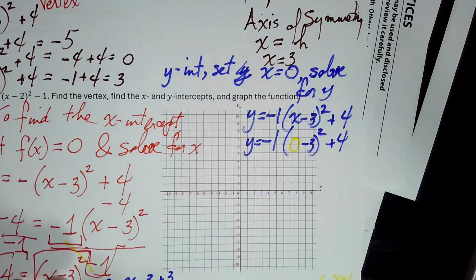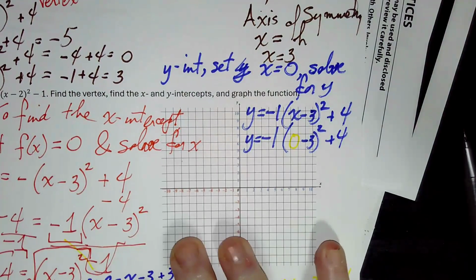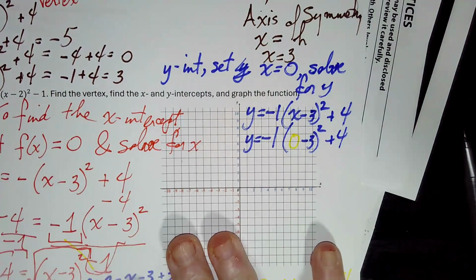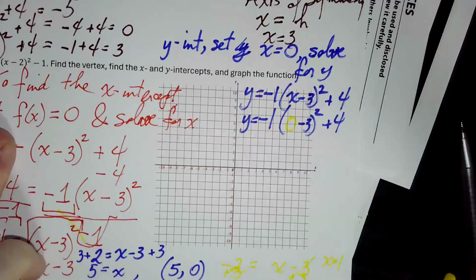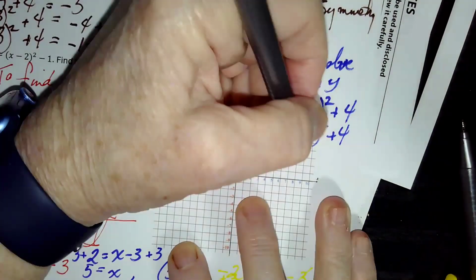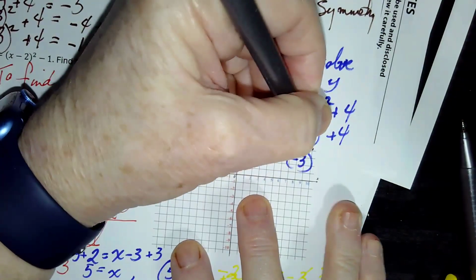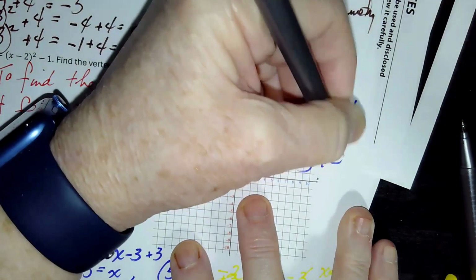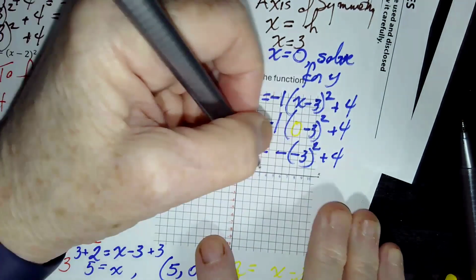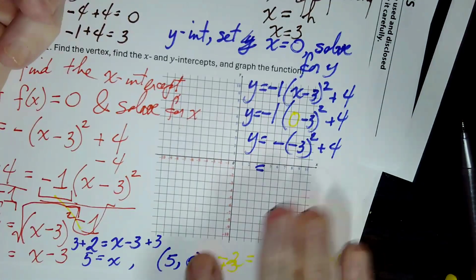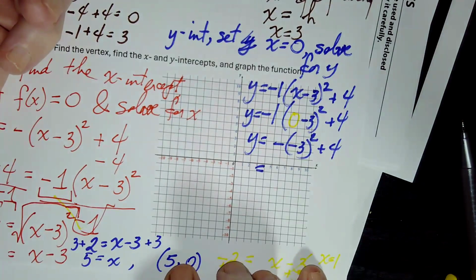And what should we do first? The 0 minus 3. Good. And 0 minus 3 is negative 3. And negative 3 squared? Positive 9.